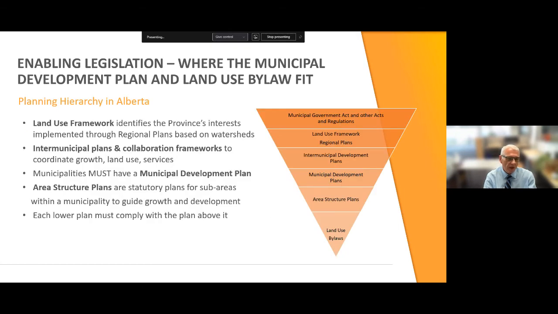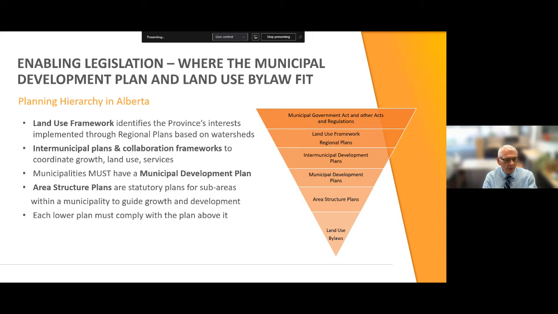I'll give you an idea of how it shapes up in terms of a hierarchy. At the very top, you end up with the acts and the regulations that the province enacts. Then you have the Land Use Framework and the regional plans as the next layer down. Then you have the intermunicipal development plans. The municipal development plan then has to conform to, or be in line with, these others above it.